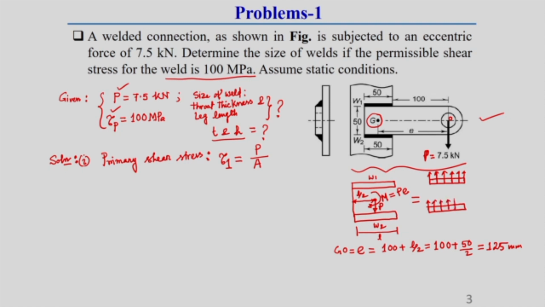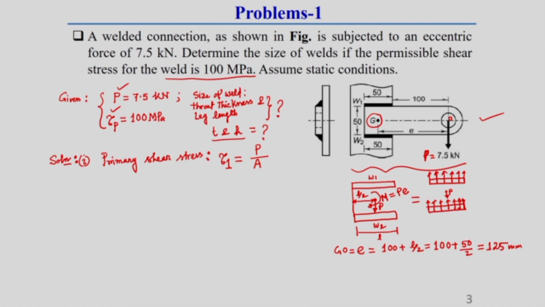Direction of the externally applied force P, because here this externally applied force P is downward. So, the resisting shear stress developed inside the weld due to this direct force P will be just opposite to the direction of that applied load.